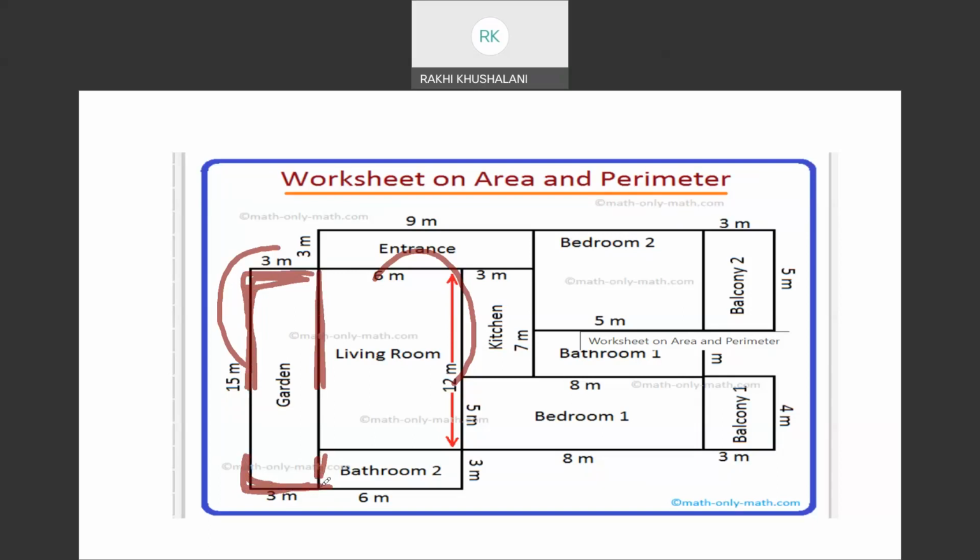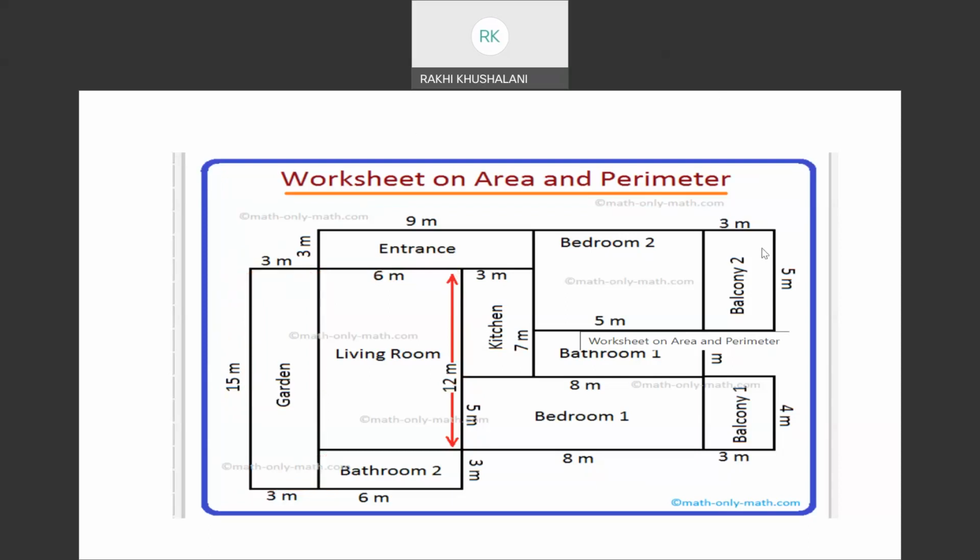I'm going to ask Papa to get fencing wire of 21 meters because I want to fence the garden. This side is of course going to be your wall because it's attached to the living room. But still, the 3-side perimeter can be found and you can get the fencing size.